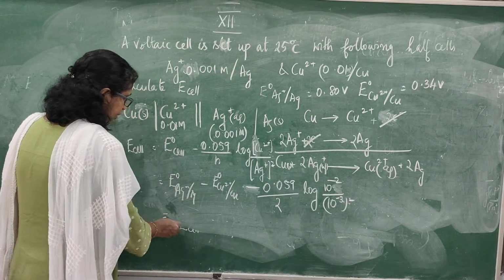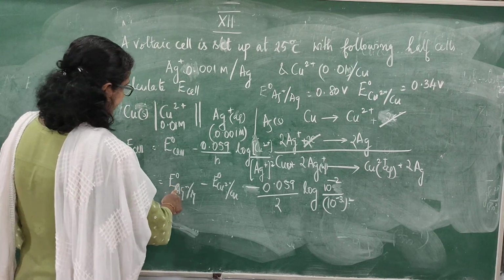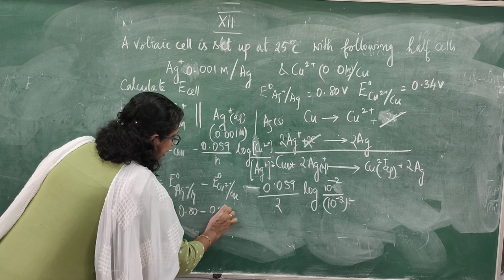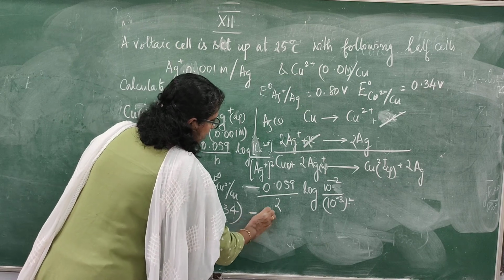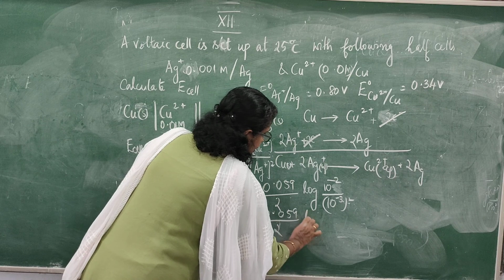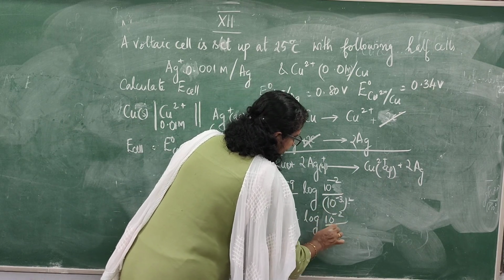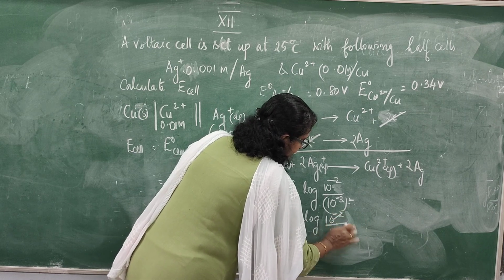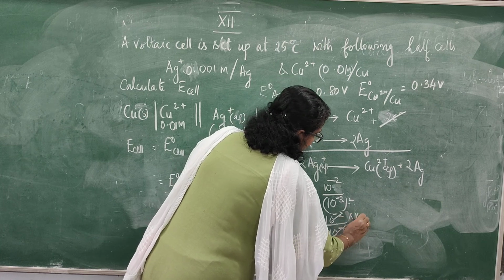So that is equal to, Ag+|Ag is 0.80 minus 0.34, then minus 0.059 by 2 log of 10 raised to minus 2 by 10 raised to minus 6. So you can cancel it. It will become 10 raised to minus 4 down. When it goes up, it will become 10 raised to 4.